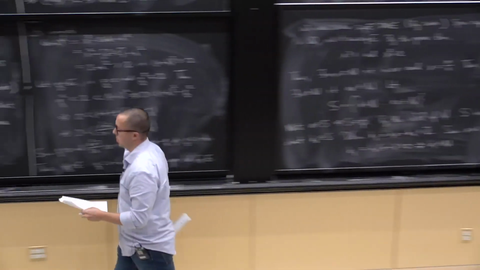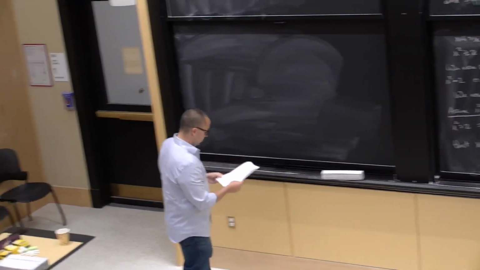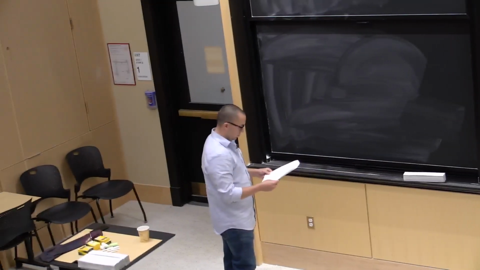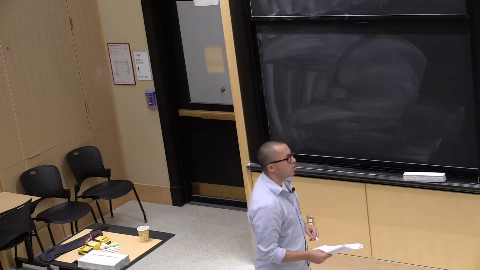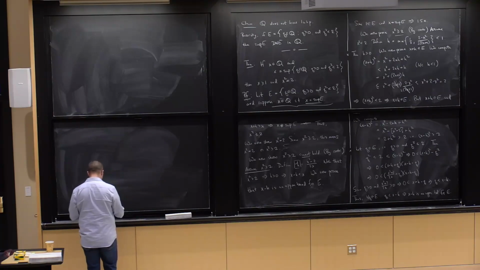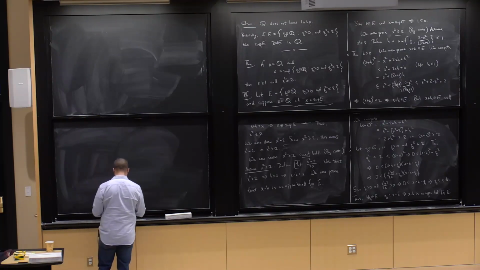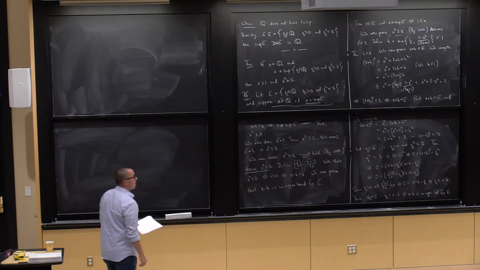So far we have that K1 is a natural number, and I'm going to prove that K1 is actually less than K0.